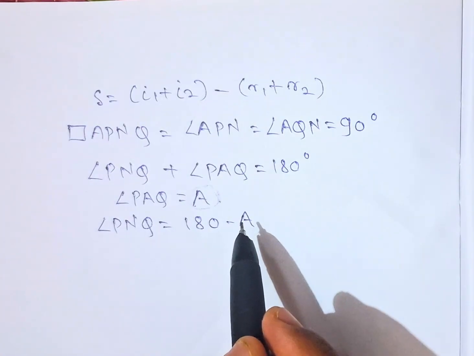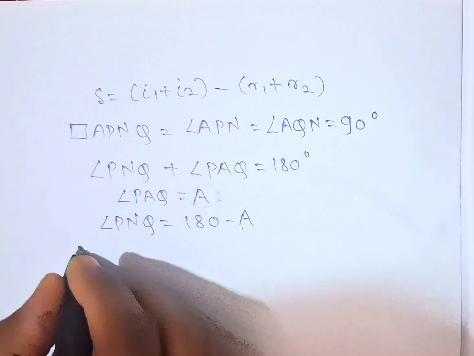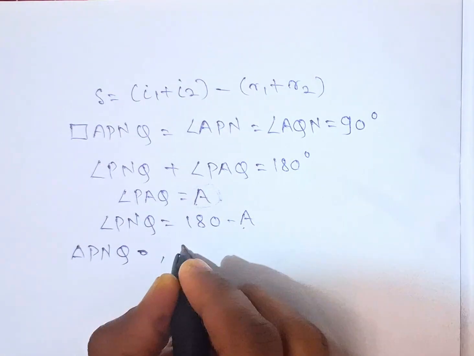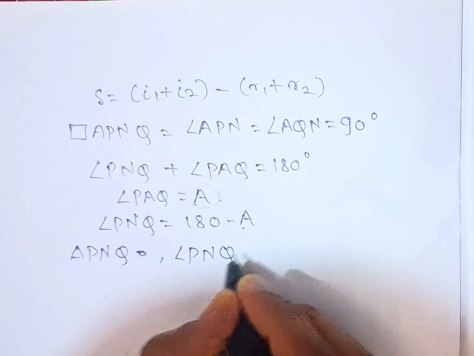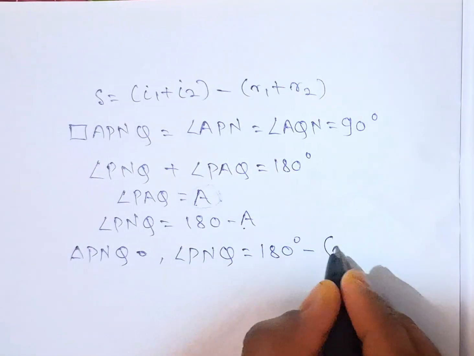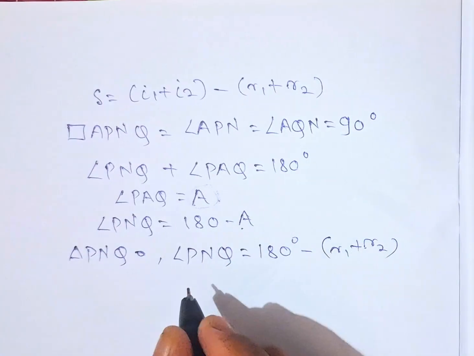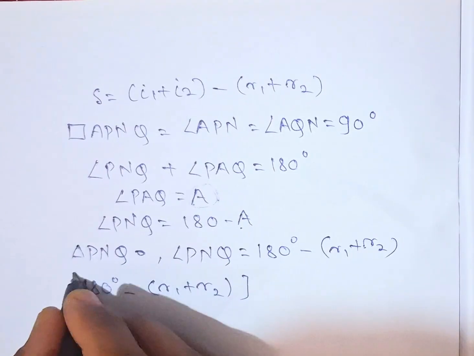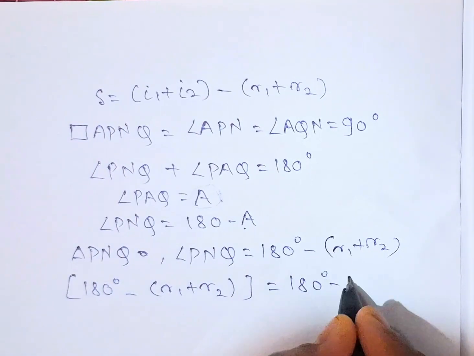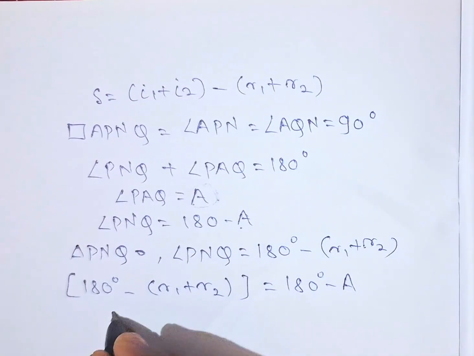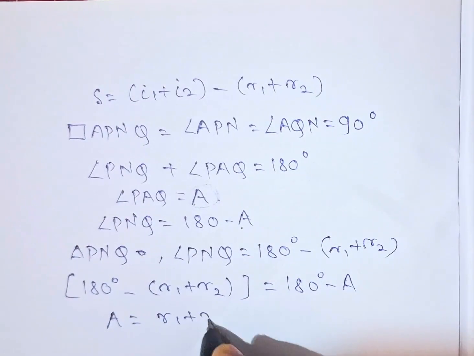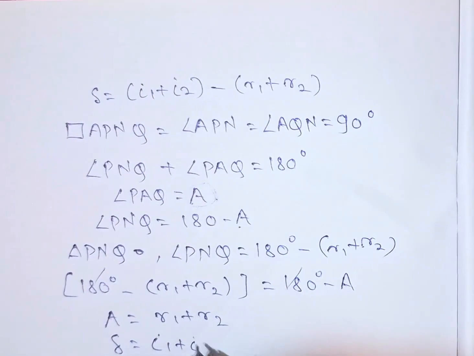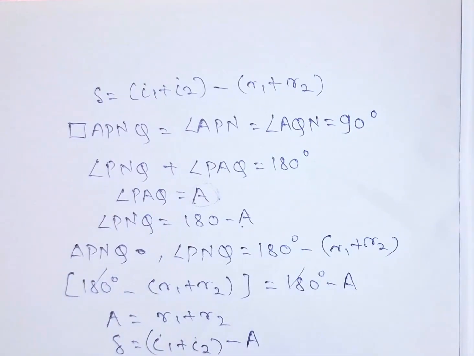So PNQ equals 180 minus A. Now in triangle PNQ, angle PNQ equals 180 minus (R1 plus R2). So 180 minus (R1 plus R2) equals 180 minus A. So A equals R1 plus R2, as the 180s cancel. So delta becomes I1 plus I2 minus A.